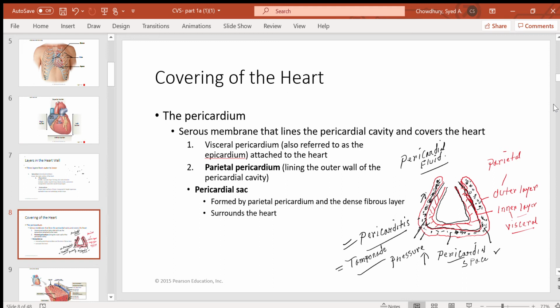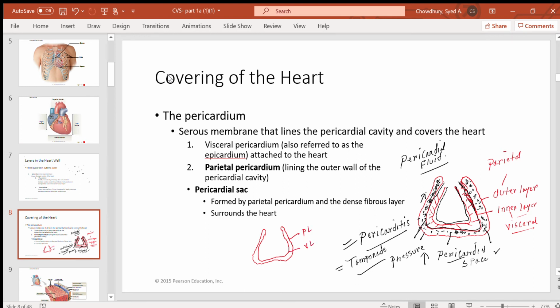So again, quickly let me make it clear, two layers of the pericardium, right? Outer is the parietal layer, inner is the visceral layer.